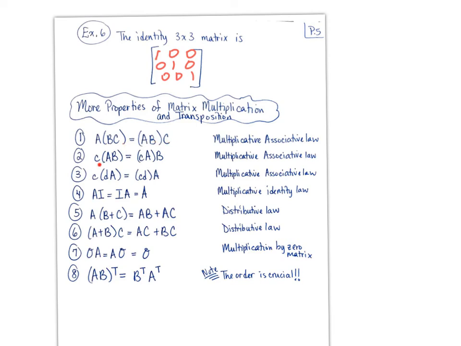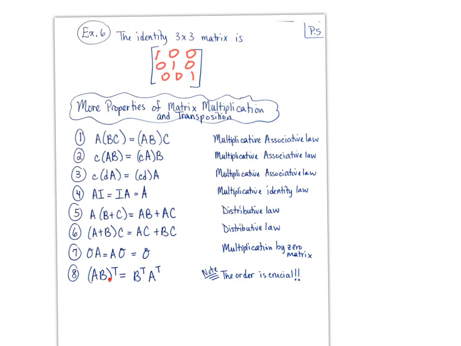A scalar C times AB is equal to the scalar multiple C times A, times B. If you have two scalars, C and D, C times DA is the same thing as C times D times A. A times the identity matrix is the identity matrix times A, and that's equal to the matrix A. A times B plus C is equal to A times B plus A times C. A plus B times C is the same thing as A times C plus B times C. And the zero matrix times A is equal to A times the zero matrix, which is equal to the zero matrix.